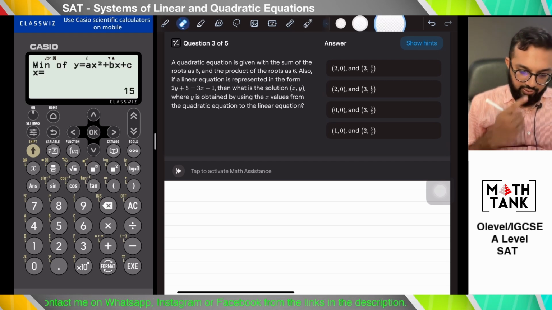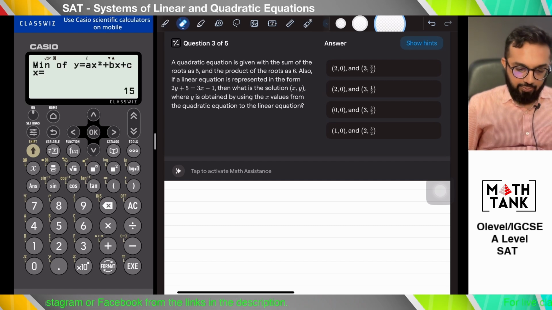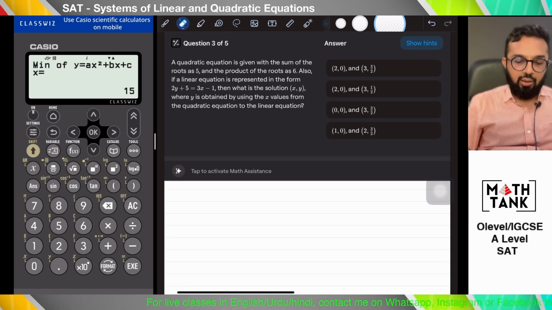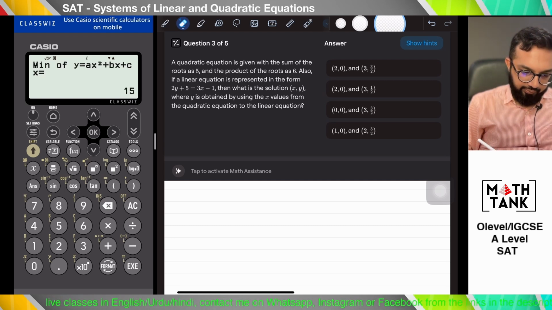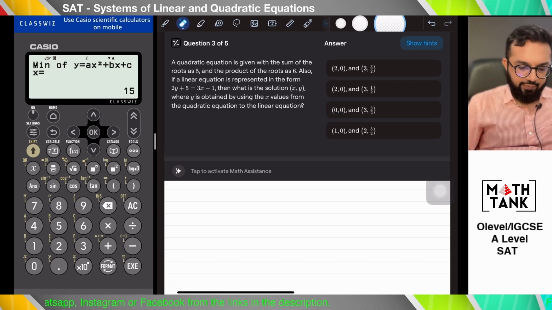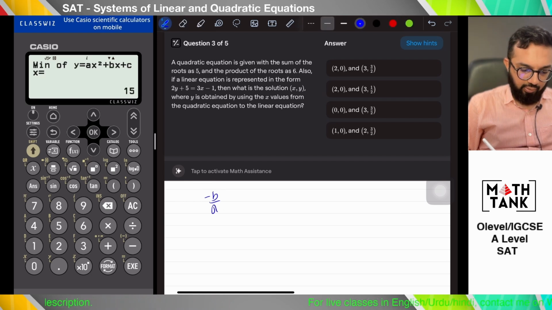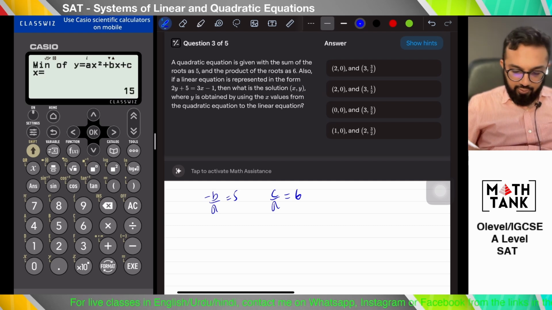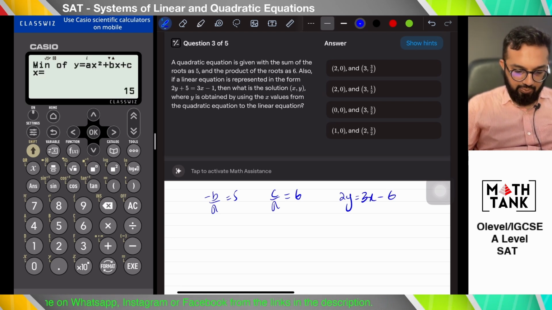Also, if a linear equation is represented in the form 2y equals 3x minus 6, then what is the solution xy, where y is obtained by using the x values from the quadratic equation to the linear equation? Okay, that's a tough question.